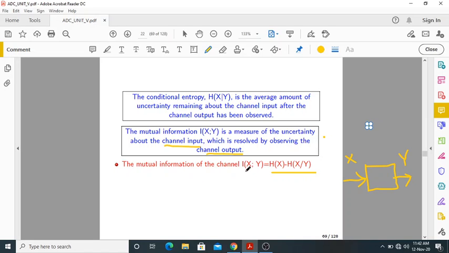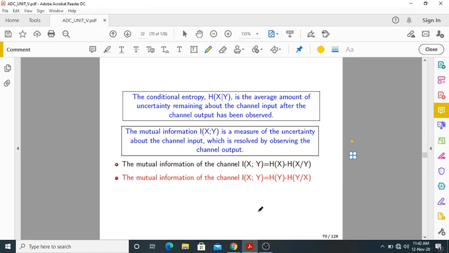So that is defined like this. Is it okay? Now, it is also defined as H of Y minus H of Y given X, either this formula or this formula.